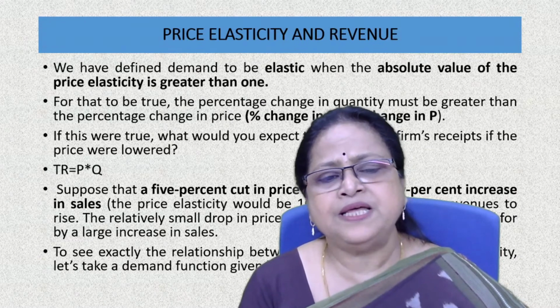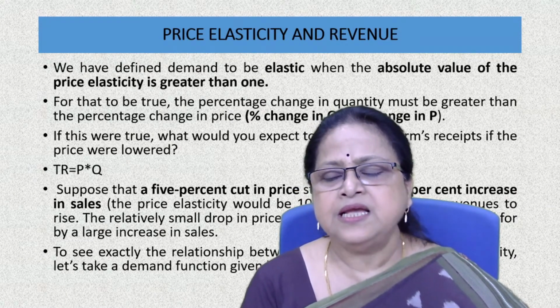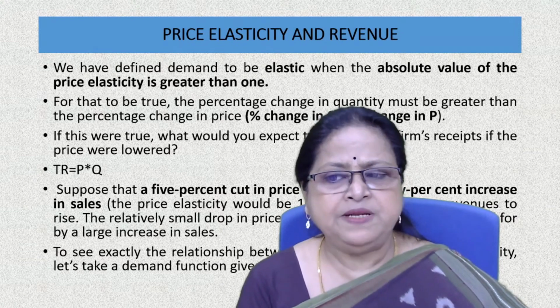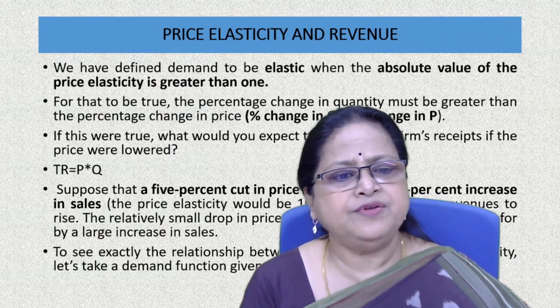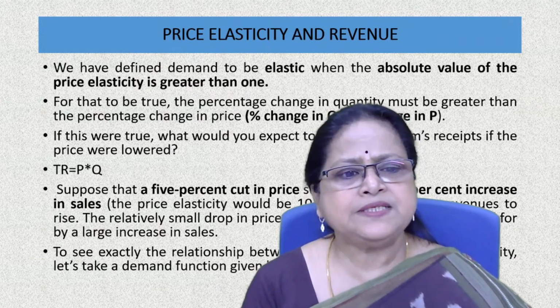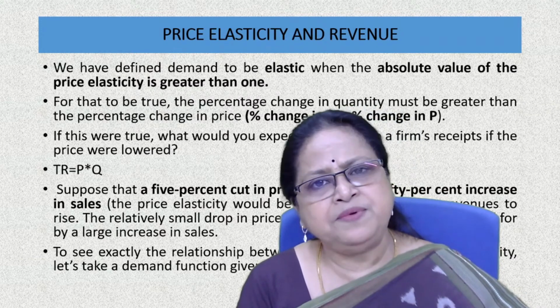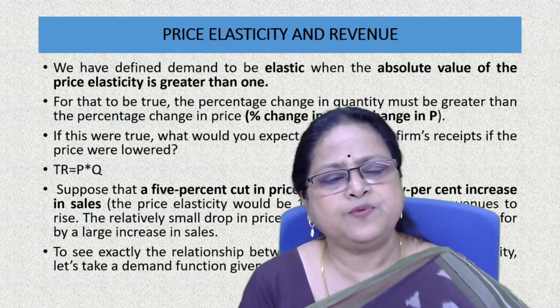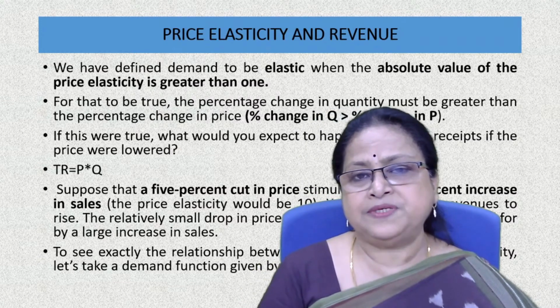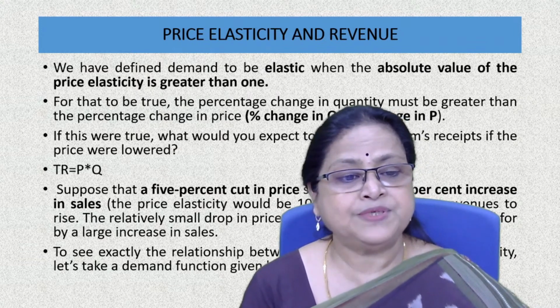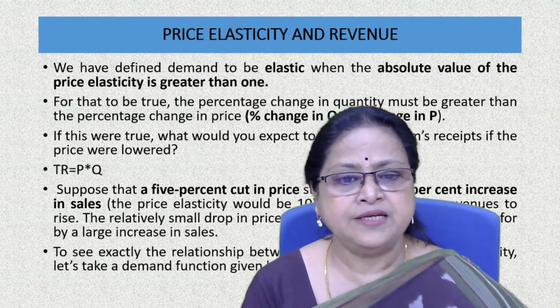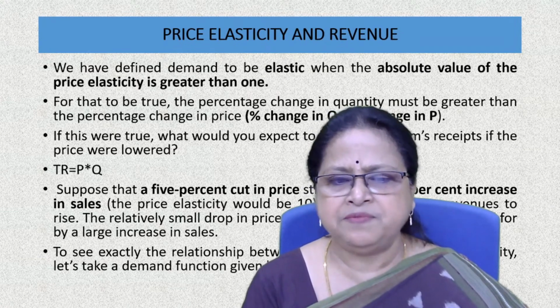So if a 5% cut in price stimulates a 50% increase in sales, then one would expect revenues to rise. Even though price is falling, the percentage fall in price is much less than the percentage increase in quantity, because 5% is much less than 50%.